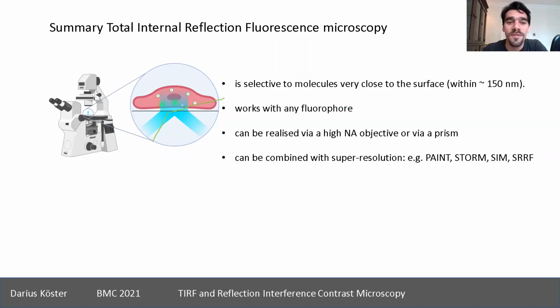Yeah, and you illuminate then again a thin slice of your cell, but it is a little bit inside the cell. So you can get a micrometer depth or 2 micrometer depth. Again, it's a very special case of application. Some people use it to see structures that are close but not super close to the surface.